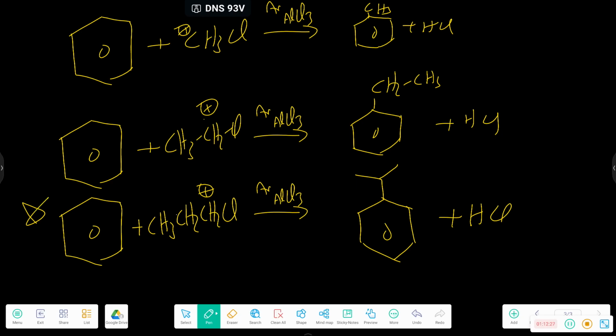Very important. So many students make this mistake; they don't know this carbocation concept. Methyl chloride gives methyl benzene, ethyl chloride gives ethyl benzene, and the propyl case gives isopropyl benzene.